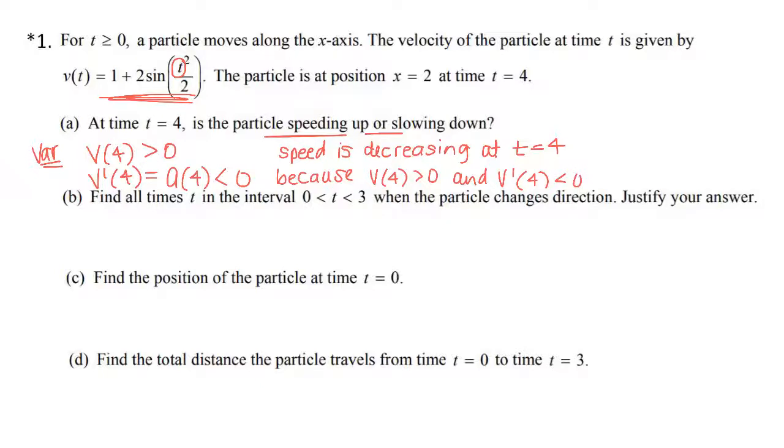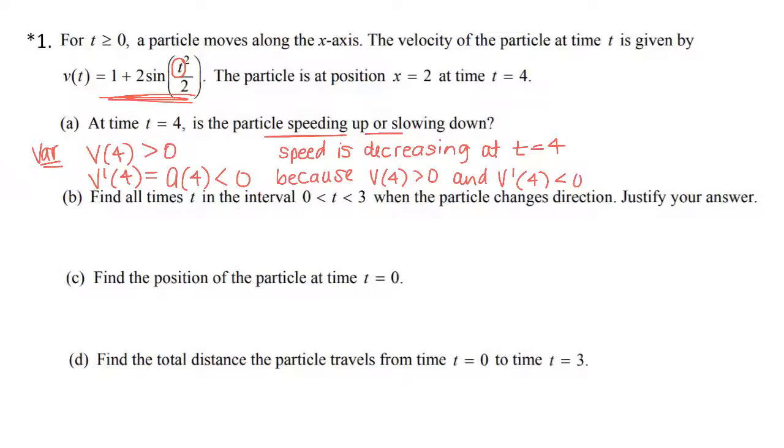When you went through and looked at part B, you needed to find all times t on the interval from 0 to 3 that the particle changes directions. And you had to justify your answer. And that justification's always worth some points. So be careful with that. How do you know the particle changes directions? What can you go look at to help yourself find that?